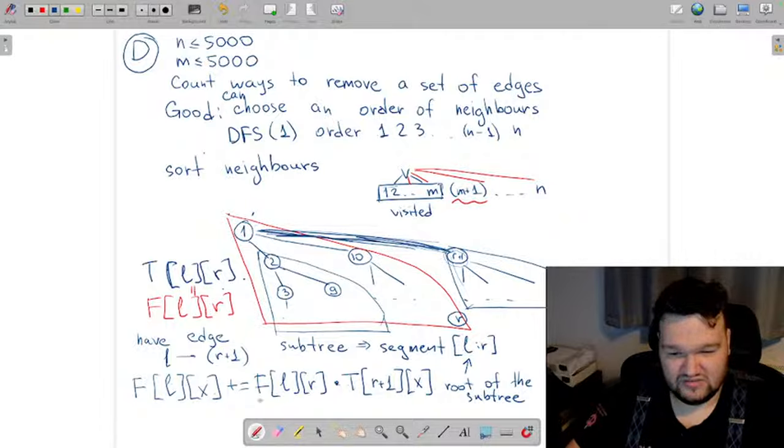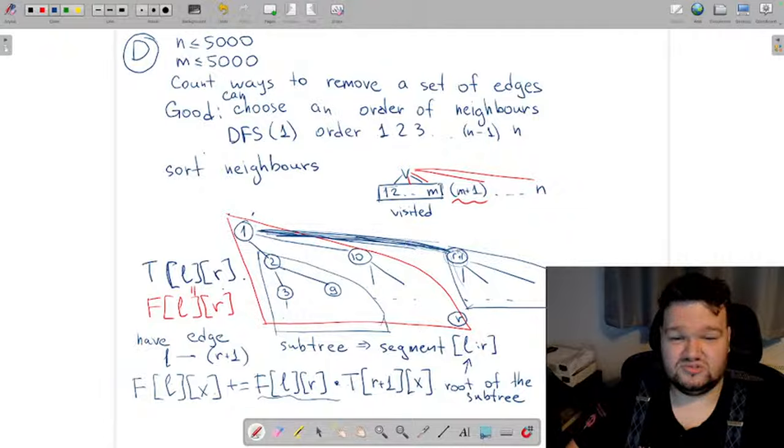So we had this incomplete subtree covering from L to R, and we have chosen a subtree with root in R plus 1 that goes up to X, and we added this subtree and used this edge from L to R plus 1 to add it.